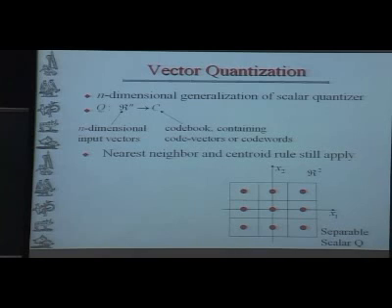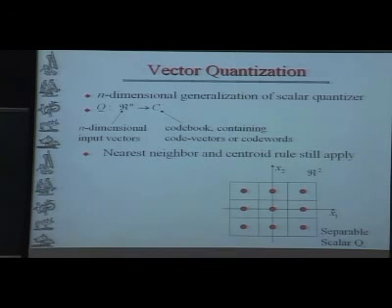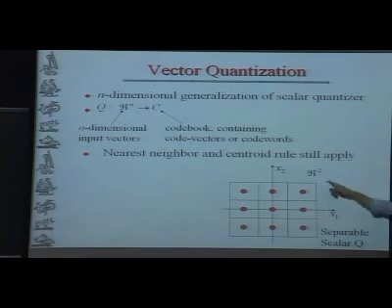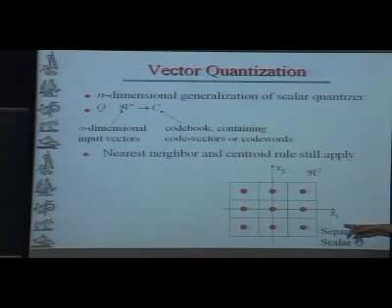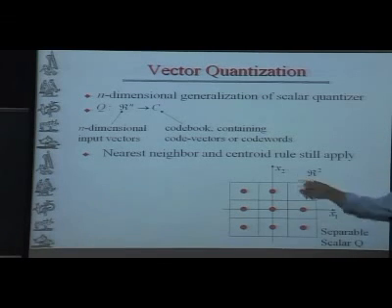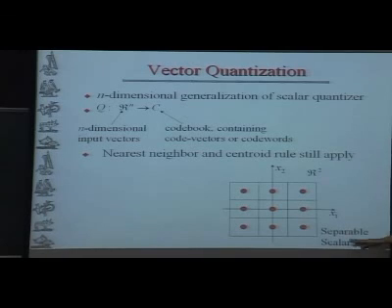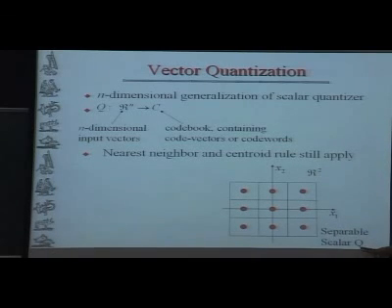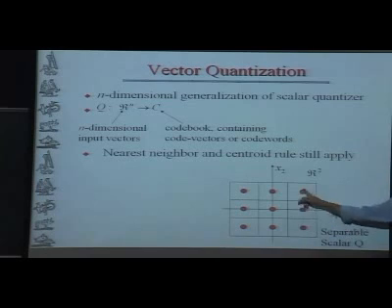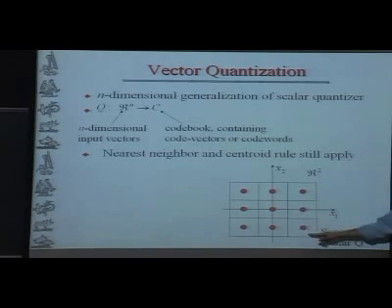So instead of one guy coming in, you have two guys coming in, two guys coming out, and so forth. So you are doing grouping. If you take two guys, x1, x2, and concatenate them, one after the other, we can call this separable scalar quantizer. That means we put all the midpoints right at the nice grid.